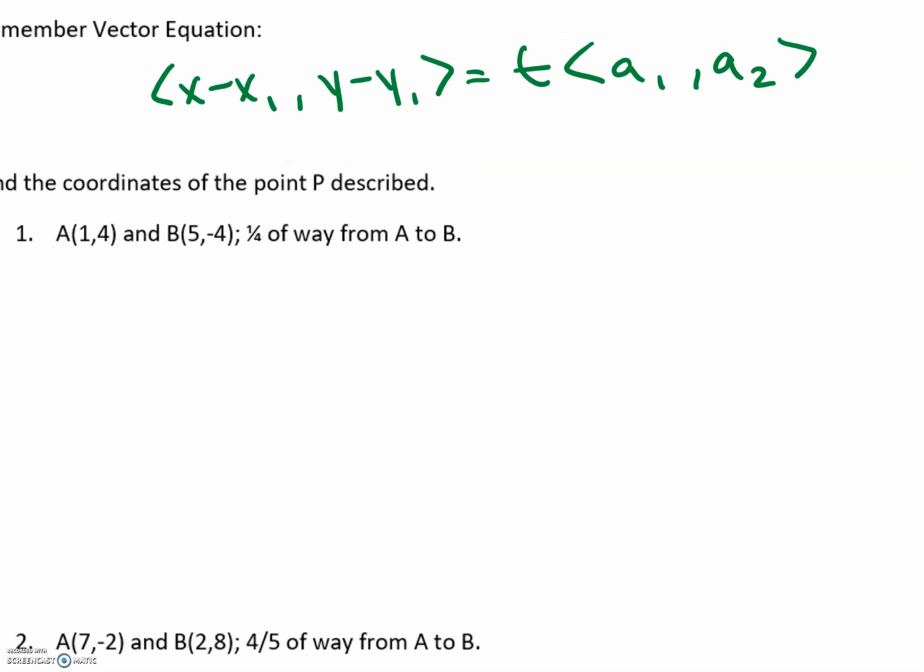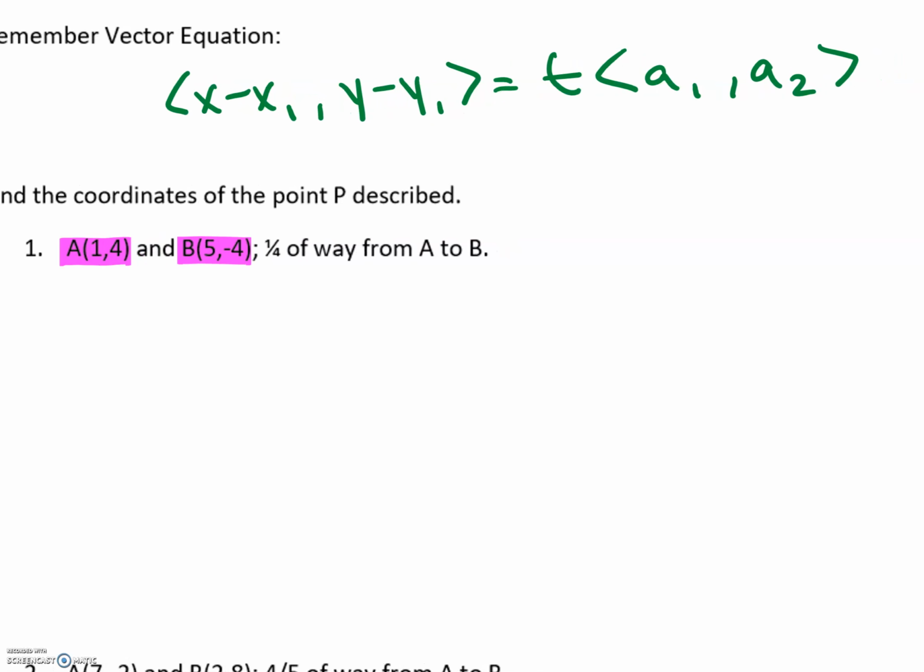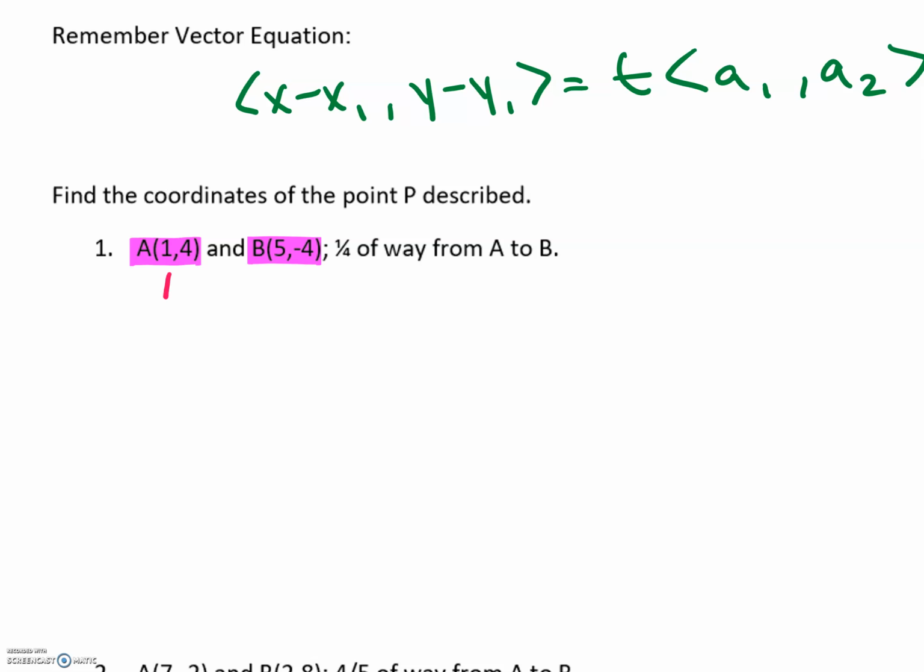So my first example, it says it's starting at (1, 4) and going to (5, -4). So that's going to tell me right away (1, 4) is going to be my x1, y1.